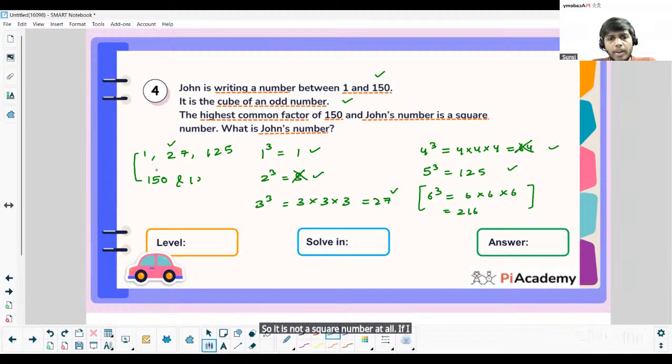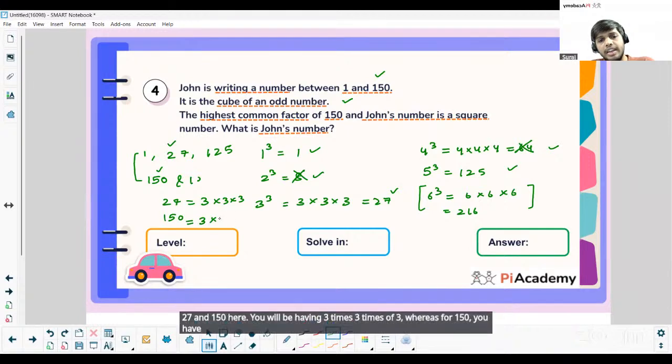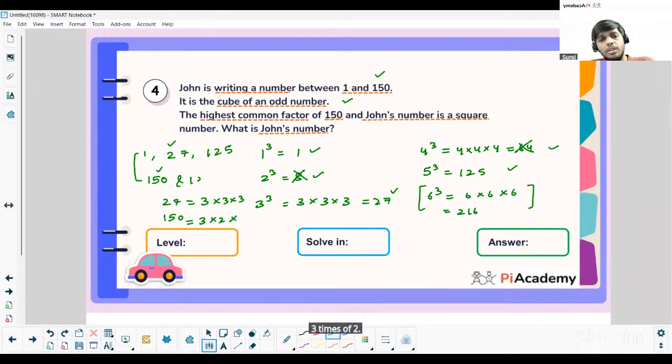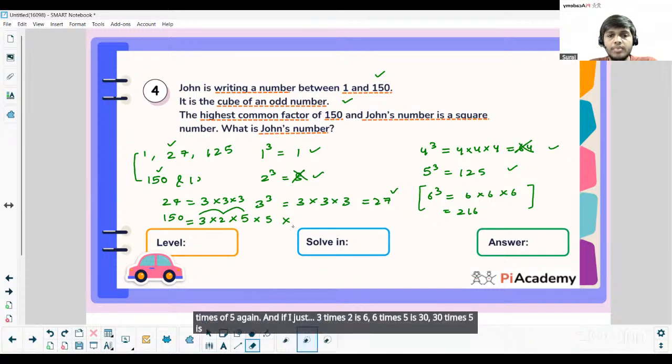If I talk about 27 and 150, here you will have 3 times 3 times 3, whereas for 150, you have it as 3 times 2 times 5 times 5. And 3 times 2 is 6, 6 times 5 is 30, 30 times 5 is 150. Yeah, this will work.